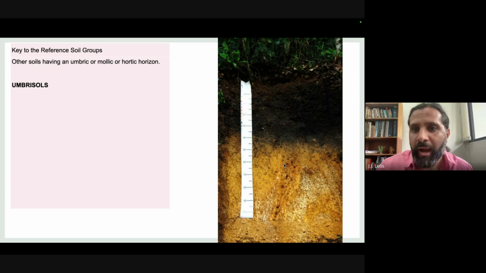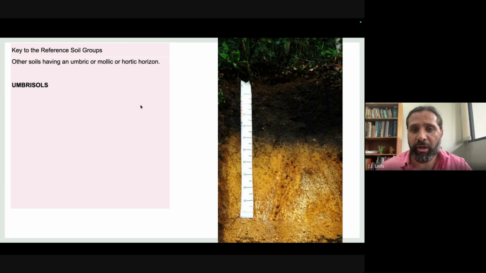Okay, so a horizon with a high base saturation above something with a low base saturation, umbrisol. Or the last option, if I find something with an anthric horizon above something with low or high base saturation, no problem. Both will be classified as umbrisols.